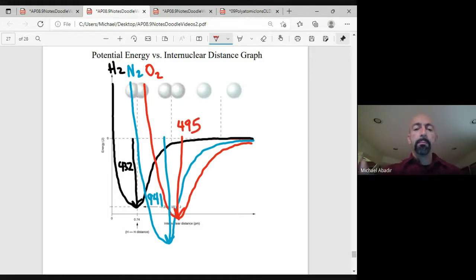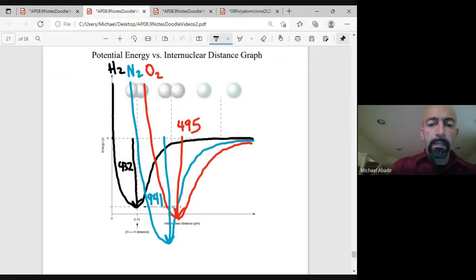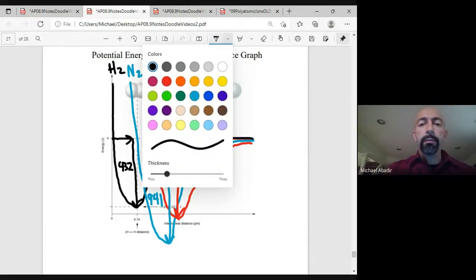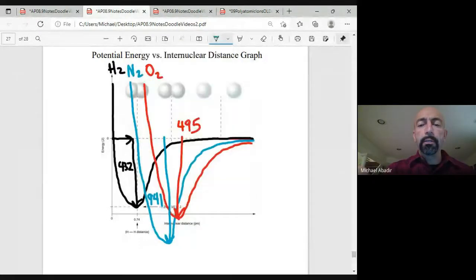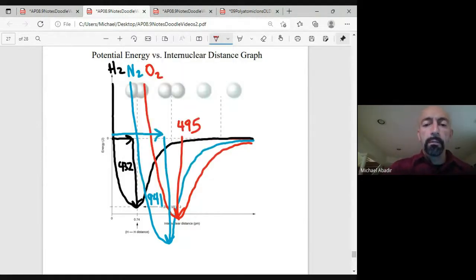Then, as we said before, the hydrogen is going to be the shortest because it ends in a 1s. Then out of nitrogen and oxygen, although the nitrogen is a slightly larger atom, because of the triple bond it will actually have a shorter internuclear distance, and the oxygen will have a slightly longer internuclear distance.